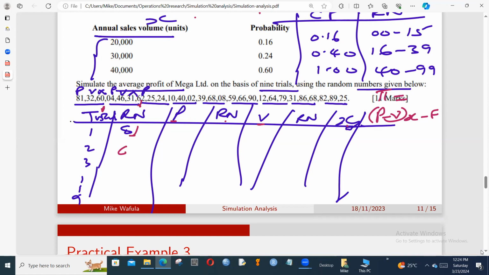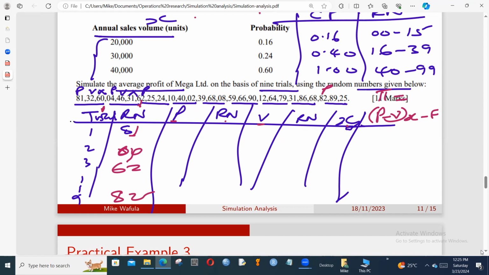Then we have 604, then we have 62, all the way to 82. Are we in agreement on that first column? Yes, thank you.